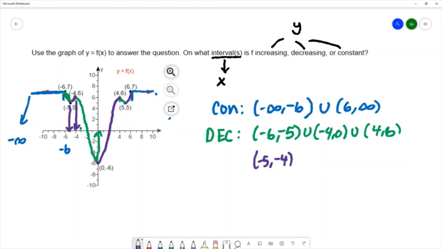And this purple section starts at 0 and continues to 4. This one starts at 5 and goes until 6. So those are my intervals of increasing. It's increasing from -5 to -4, union with 0 to 4, union with 5 to 6.